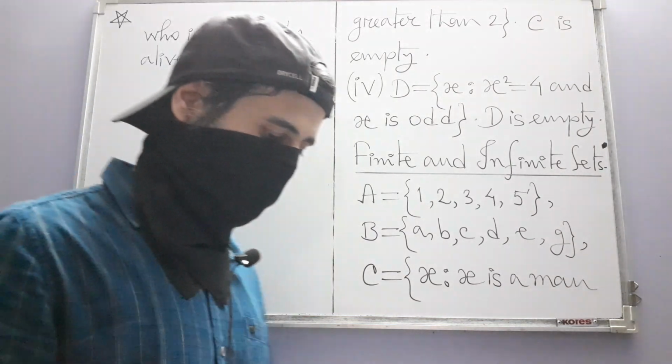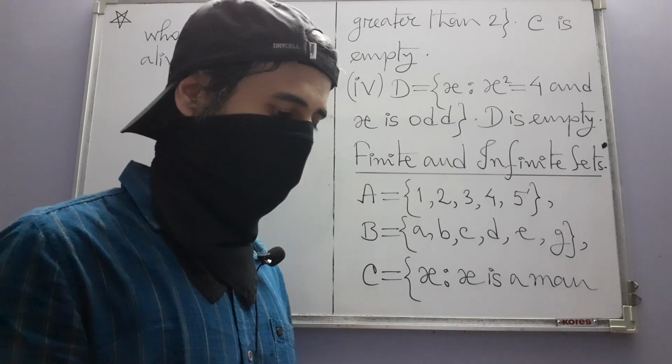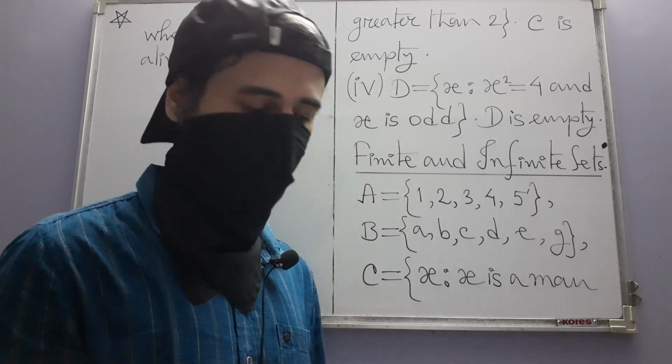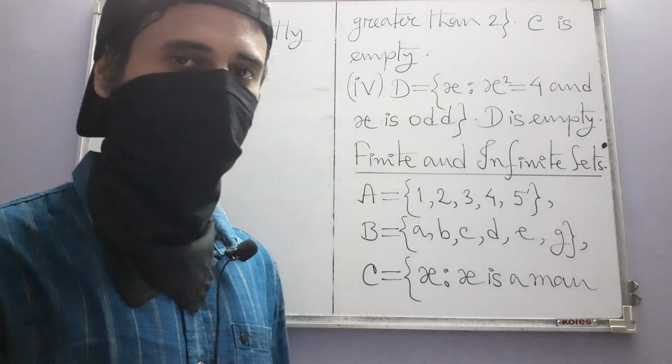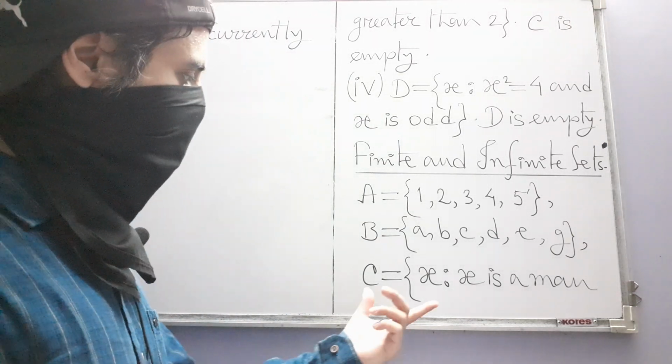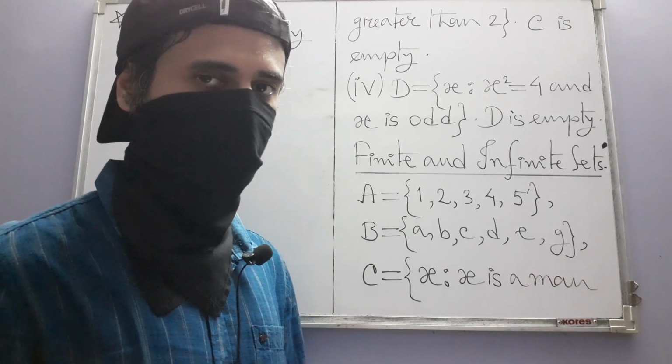Actually, the way it is given in the text is this: C is the set of all men living presently in different parts of the world. But of course, that set can also be written like this.